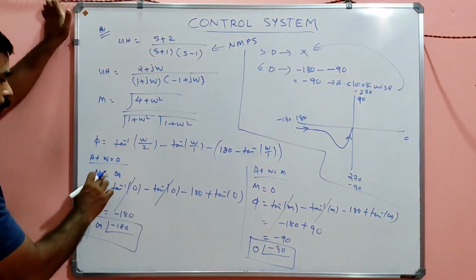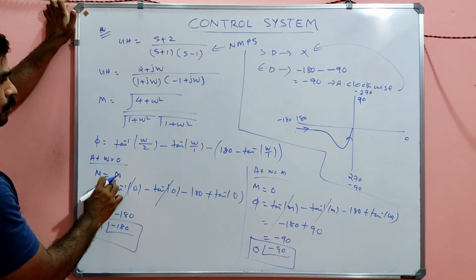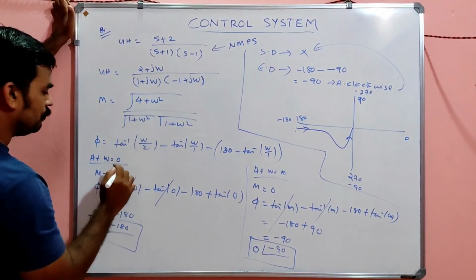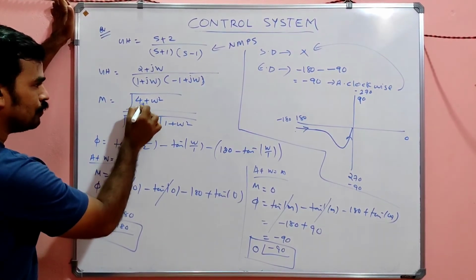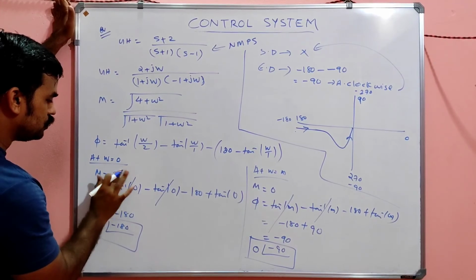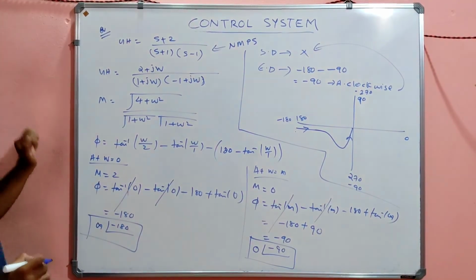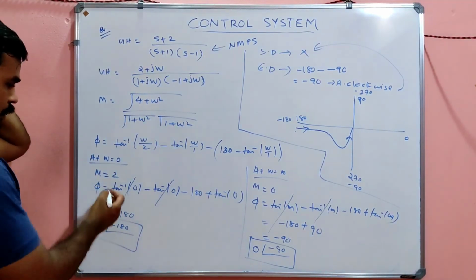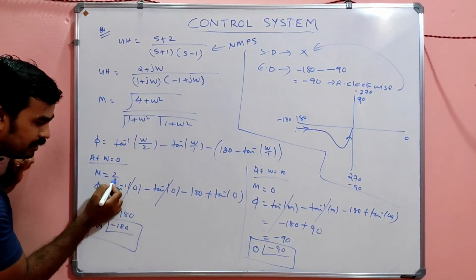At omega equal to 0, what will be the magnitude, my dears? Omega equal to 0 means root 4 divided by 1, simply 2, not infinity. It is 2, my dears. At omega equal to infinity, you can substitute infinity, it's 0. So M is equal to 2 now.